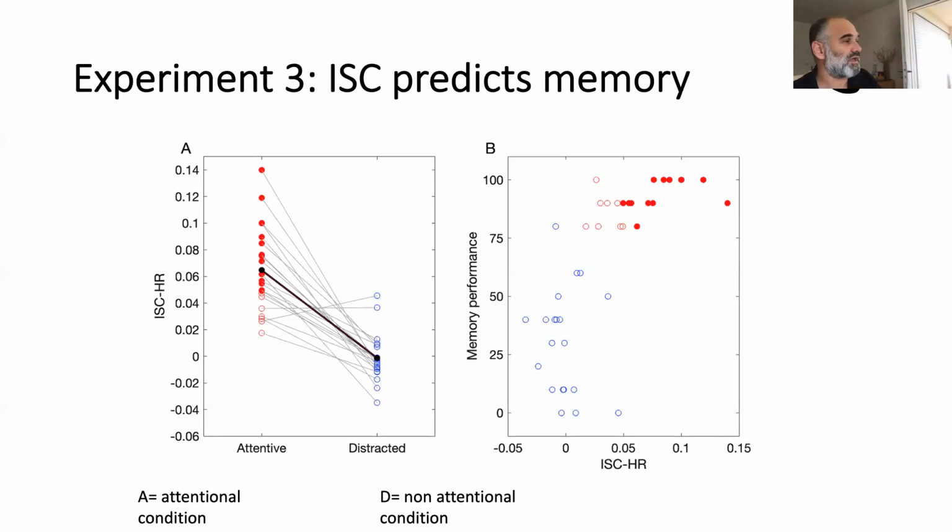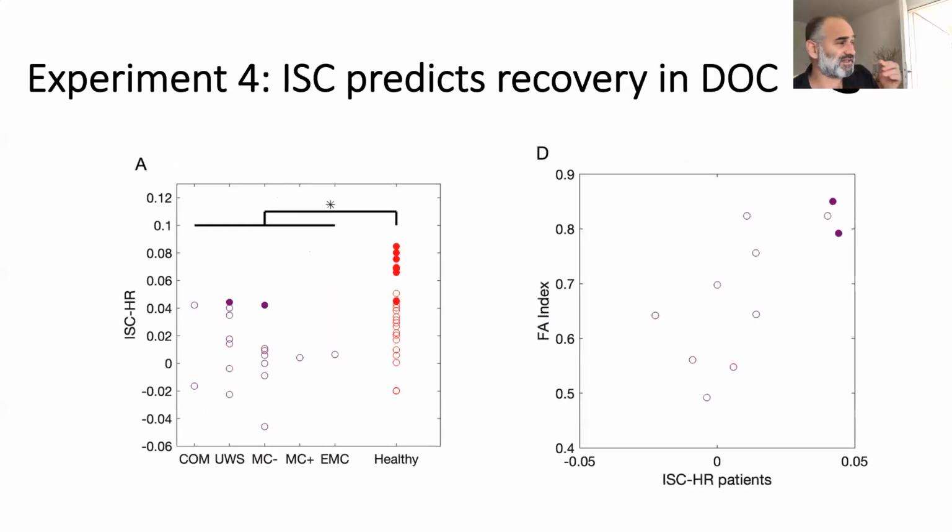So our last analysis was in these patients that had disorders of consciousness, and what we observed is that first of all there was a significant difference between the healthy participants and the patients with disorders of consciousness. So basically, you see a stronger synchronization of the healthy participants within the group, versus when you compare that with the disorders of consciousness patients.